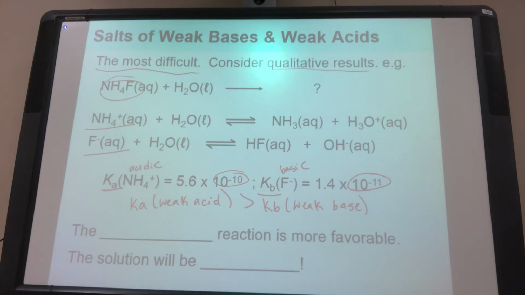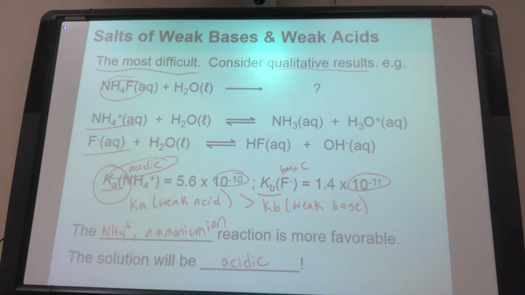So if that number is a larger number, that means that this guy, the NH4 plus, which is the ammonium ion, that reaction is more favorable. Okay? So if he's got the reaction that's more favorable, then the Ka is what I would go with, and whichever one we go with is what the solution will be, which would be acidic.